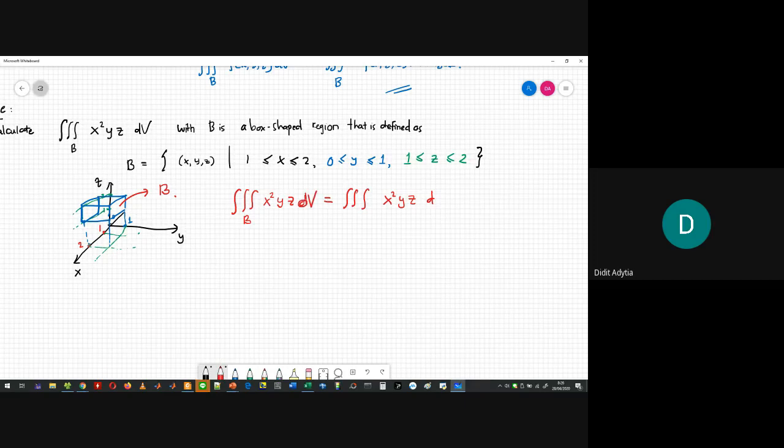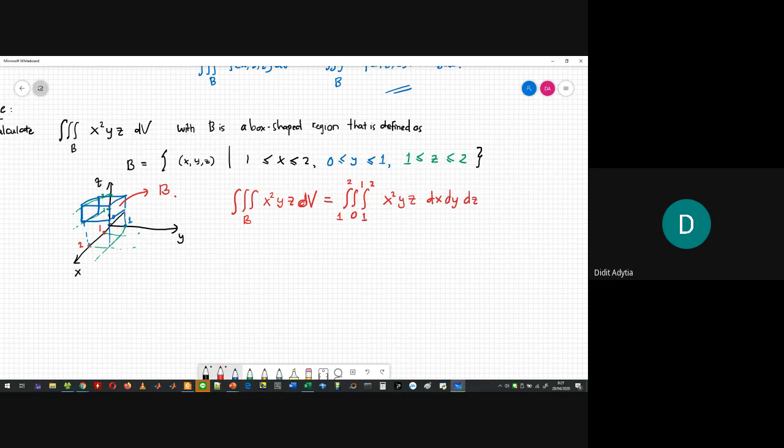Nah, sekarang kita define, karena ini sama saja ordernya, karena semuanya sama dan ini bentuknya gampang diintegralkan. Oke, kita dari dx, dy, dz. Oke, dan x in between 1 sampai 2, y is between 0 to 1, and then z is from 1 to 2. Oke?